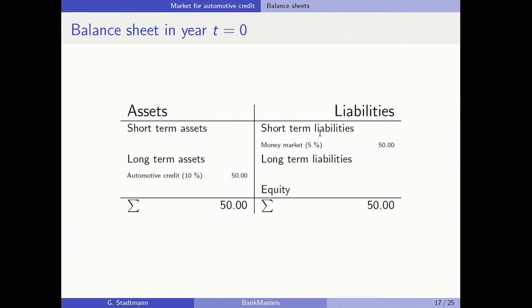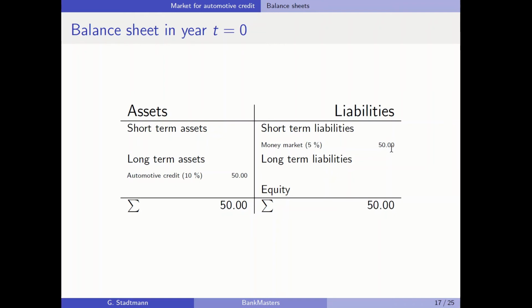So let's start with the balance sheet in year t equal to 0, directly after we performed this optimization problem. It is the case that we have on the liability side the 50 units of liquidity where we bought liquidity at the money market at the interest rate of 5%.